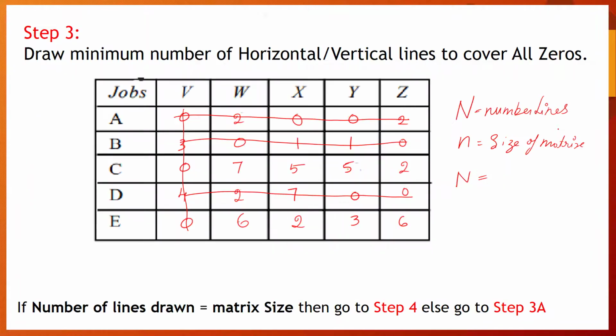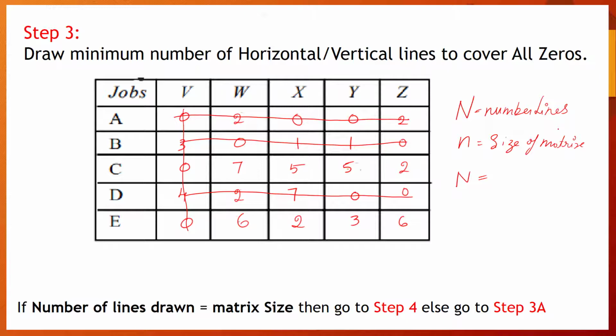So in the next step, we need to draw a minimum number of horizontal or vertical lines to cover all the zeros. So here we have drawn 4 lines. The condition is that the number of lines drawn should be equal to the size of the matrix, but here we don't. Here the number of lines drawn is 4 and the size of the matrix is 5. So what is the size of the matrix?